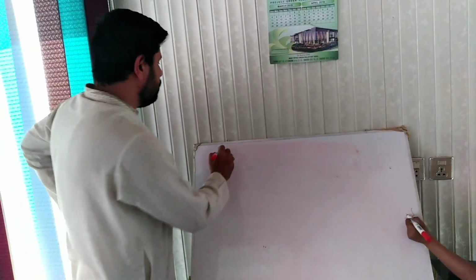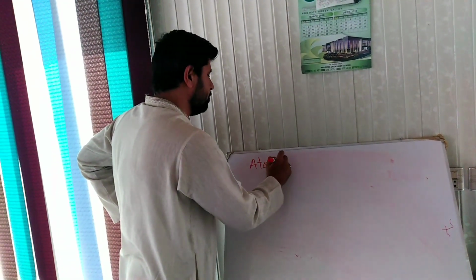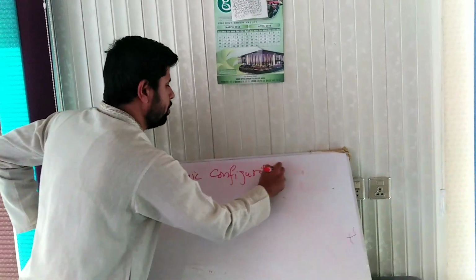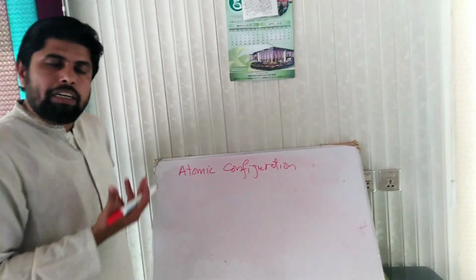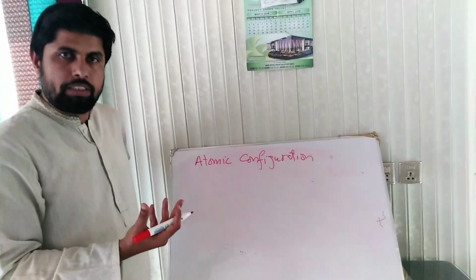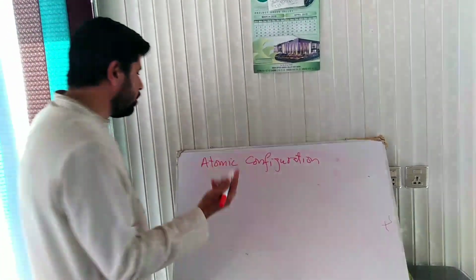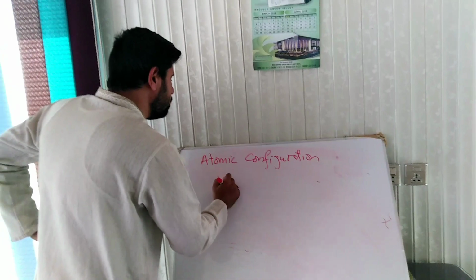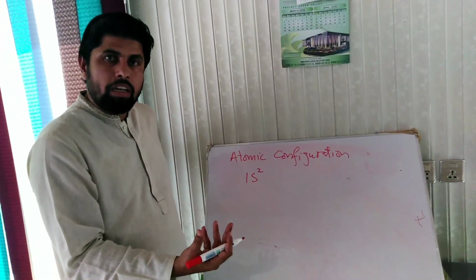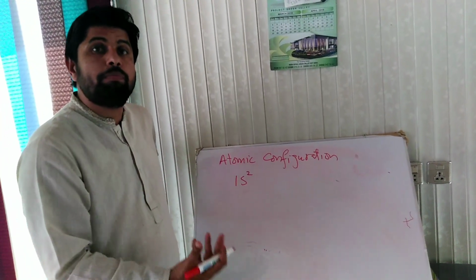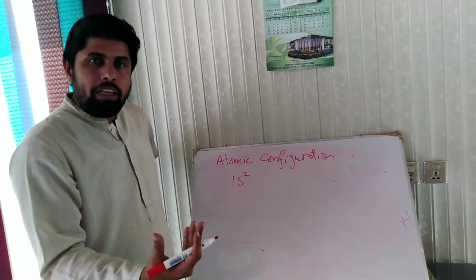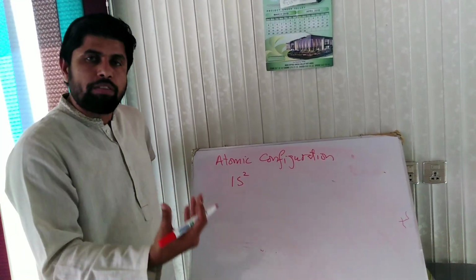Atomic configuration means how electrons are distributed in the states around the atom. S is a subshell of the first shell. Usually we call it a subshell, also called orbitals.